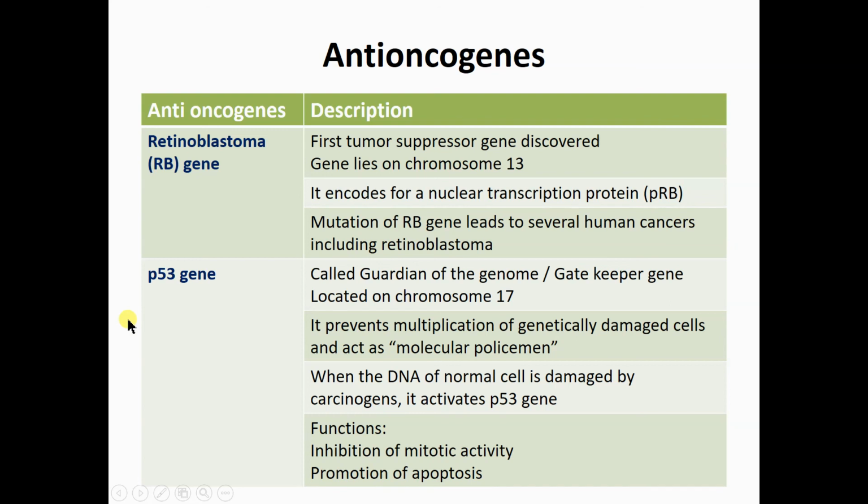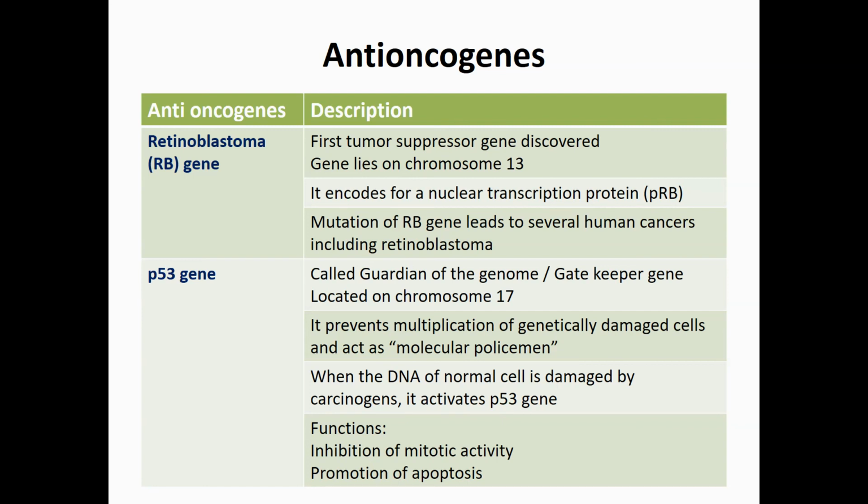Second is the p53 gene, which is also known as the guardian of the genome or gatekeeper of the cell. It is normally located on chromosome number 17. Actually, it prevents the multiplication of genetically damaged cells. Suppose, due to a replication defect or certain environmental factors, a cell contains damaged DNA.